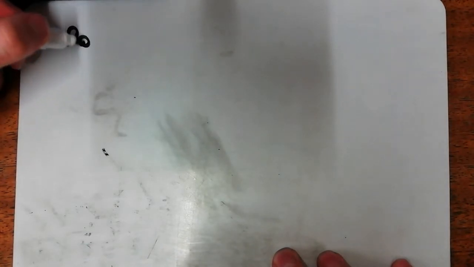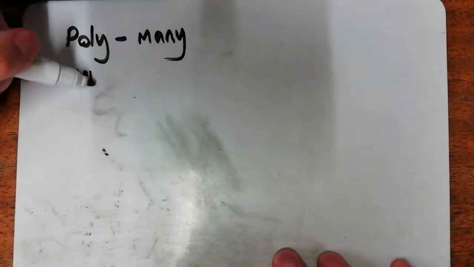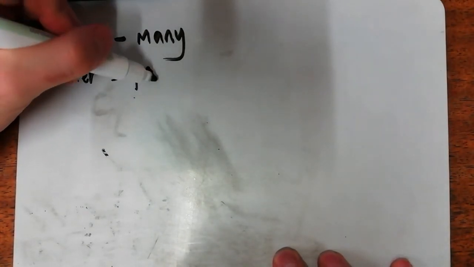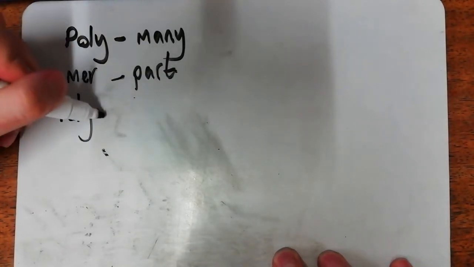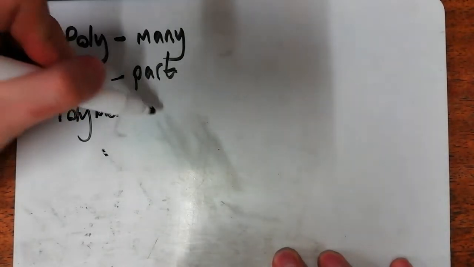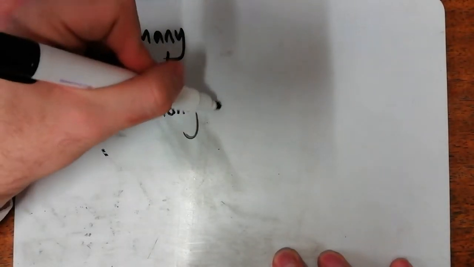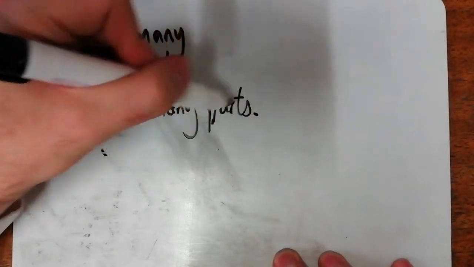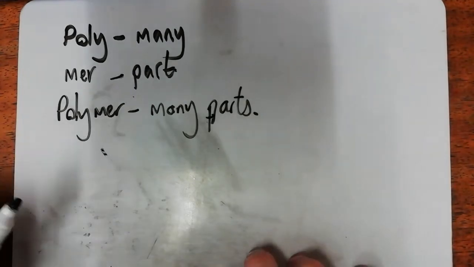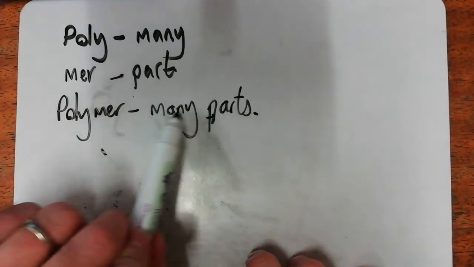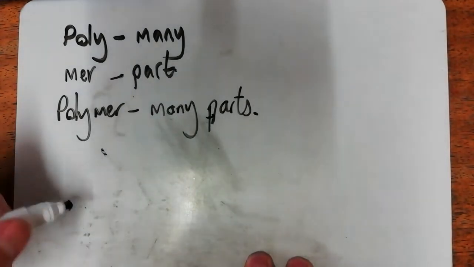You need to know what the word polymer means, and to begin with, poly comes from a word meaning many, and mer comes from part. So therefore polymer means something made of many parts. And effectively what a polymer is, you have lots and lots of small molecules, these are the different parts, that join together to form a chain.